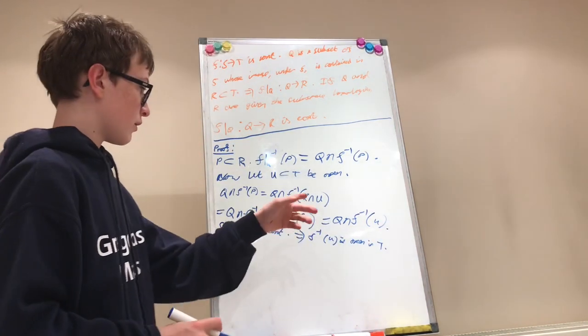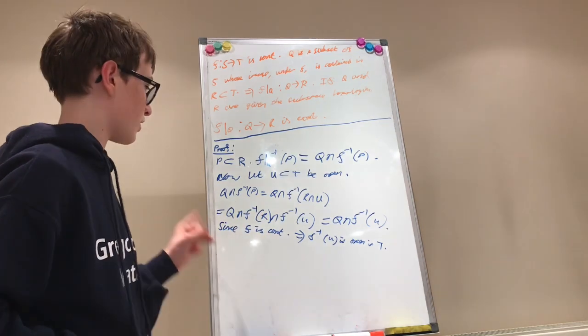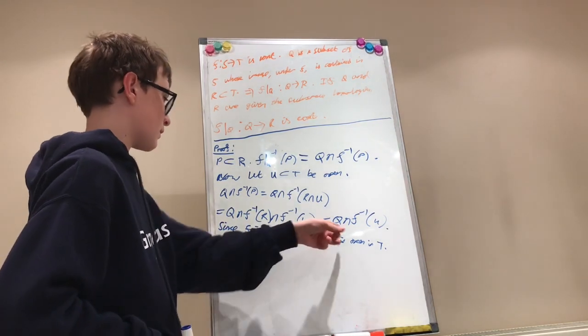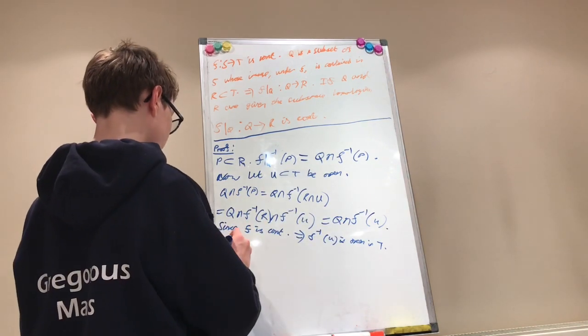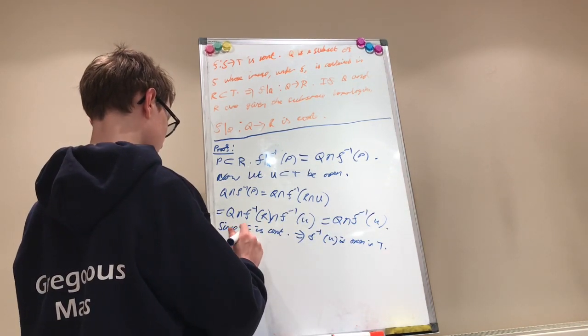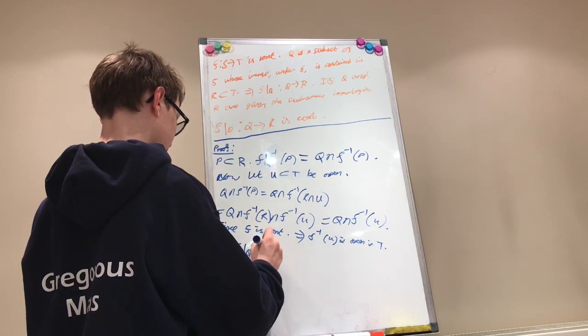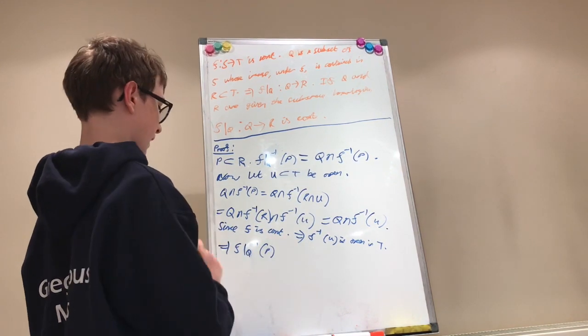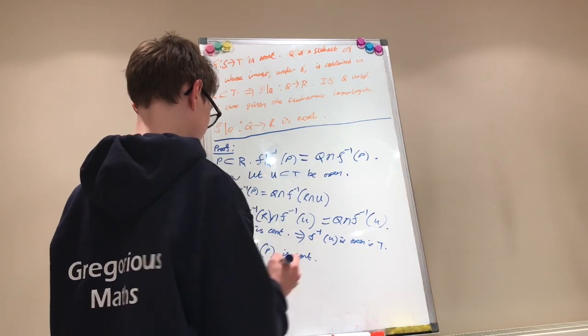Because F is continuous, this follows from the definition of continuity. And therefore, this restricted function is continuous.